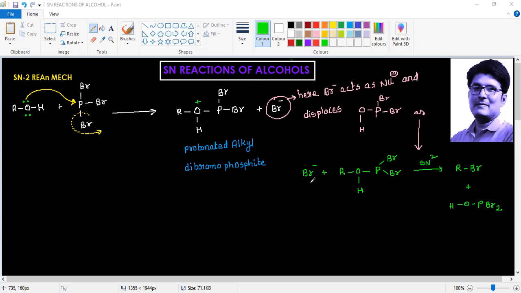So this Br minus here can act as a nucleophile and displaces. ఈ న్యూక్లియోఫైల్ ఇది ఏం చేస్తుంది, దేన్ని డిస్ప్లేస్ చేస్తుంది బేటా? ఈ OPBr2 ఉంది కదా, దిస్ వన్ ని డిస్ప్లేస్ చేస్తుంది, అంటే తీసేస్తుంది యాజ్ ఎ గుడ్ లీవింగ్ గ్రూప్. మరి అటాకింగ్ గ్రూప్ ఏదవుతుంది ఇప్పుడు? ఇది దిస్ వన్ Br మైనస్. ఓకే, అటాకింగ్ గ్రూప్ అవుతుంది as a nucleophile, isn't it na?